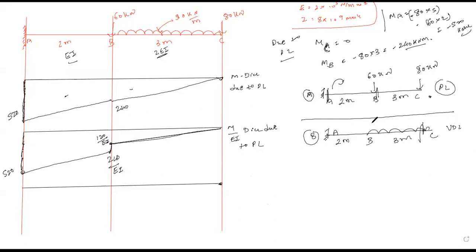Can anyone tell me the moment at point B from the right side due to this diagram? Your value of UDL is 50, 50 kilonewton per meter.